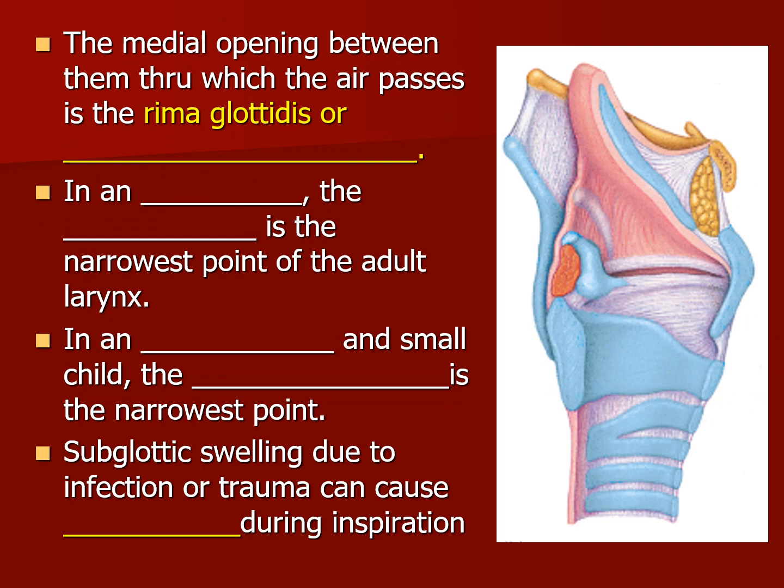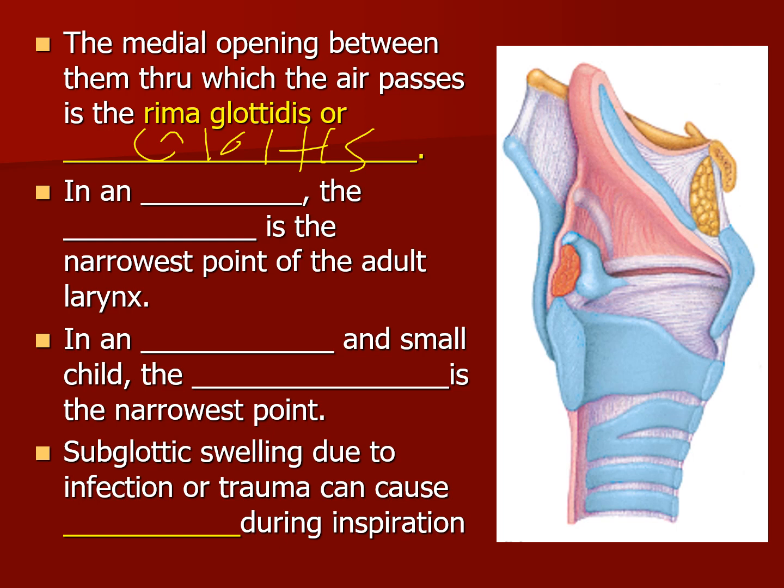The medial opening through which air passes is called the rima glottidis, or we just call it the glottis, G-L-O-T-T-I-S. That's what it's supposed to say. That's the glottis. Glottis, the same thing.